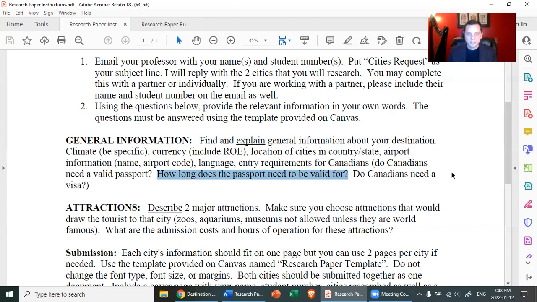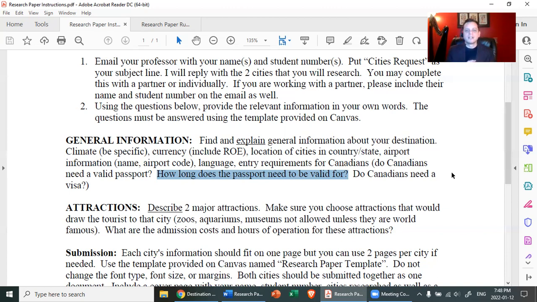Most countries in the world have rules about how long your passport needs to be valid for. So their passport might be valid when they book the trip, during the trip, and after they come back. Maybe their passport expires in March, so 2 months from now, but lots of countries require that your passport is valid for at least 6 months after you come back. 6 months tends to be the magical number for most countries.